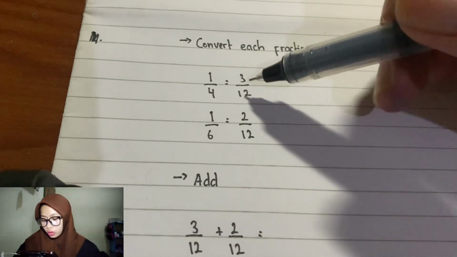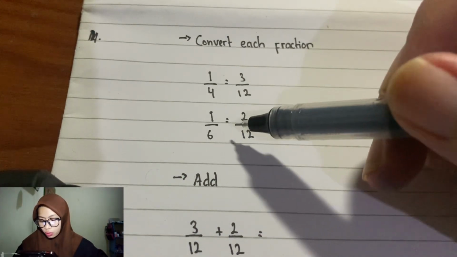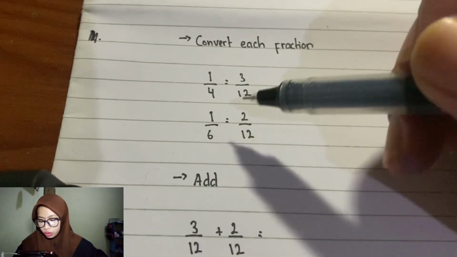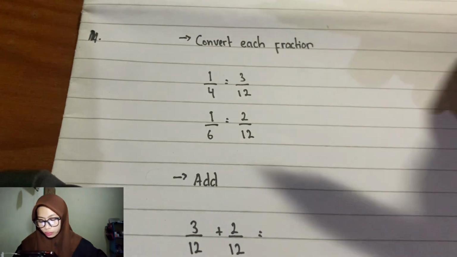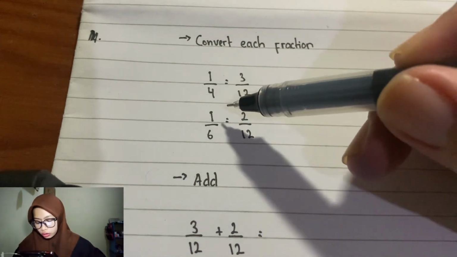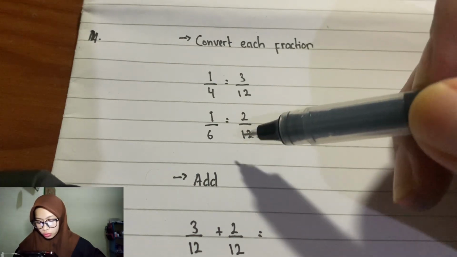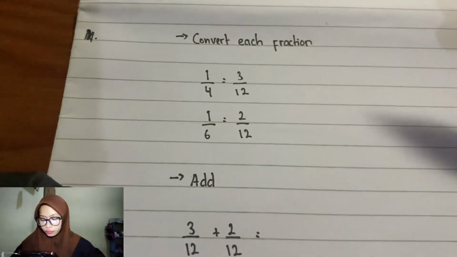So we got 3 over 12. And for 1 over 6, we're going to multiply this fraction by 2 because 6 times 2 is 12, right? So 1 times 2 is 2 and 6 times 2 is 12. So we got 2 over 12.